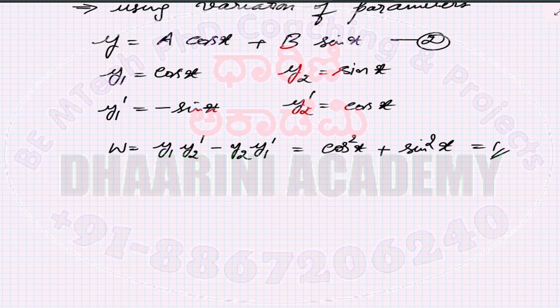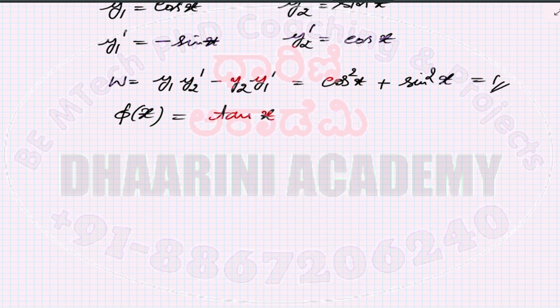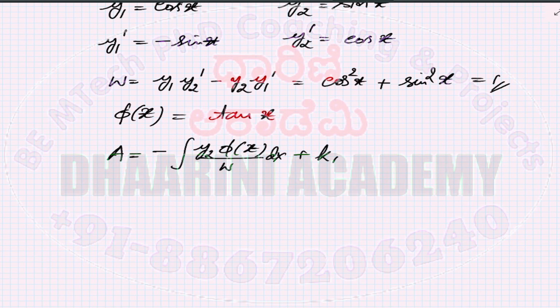All right, also the phi of x given in the problem is tan x. So using all these values, now we can obtain the values of a and b as follows. So a is given by negative integral y2 into phi of x whole divided by w dx plus a constant k1.